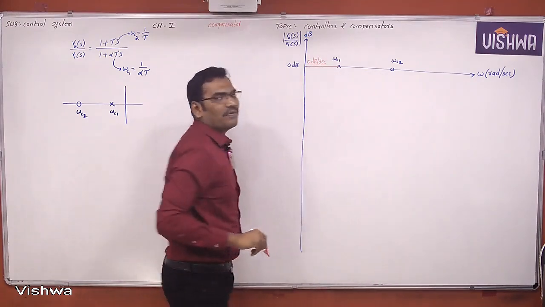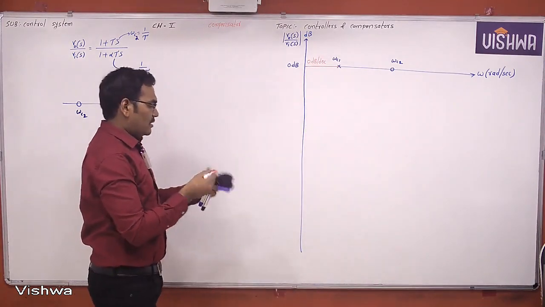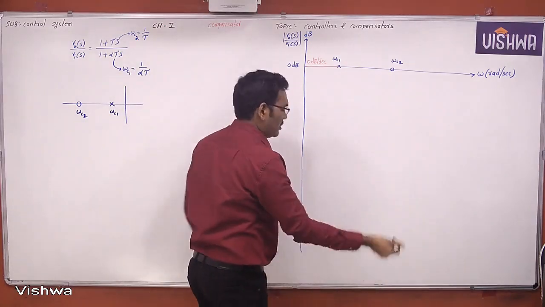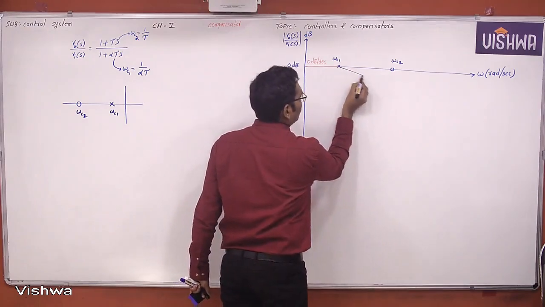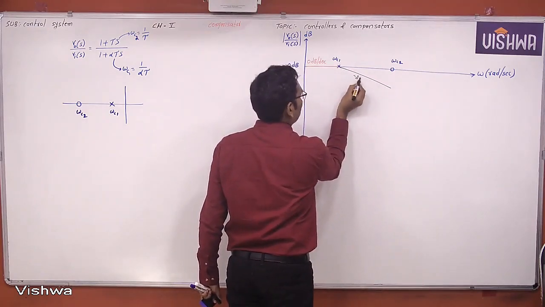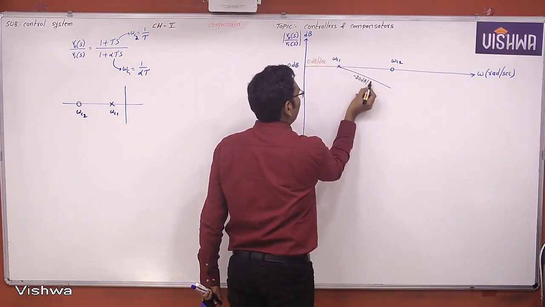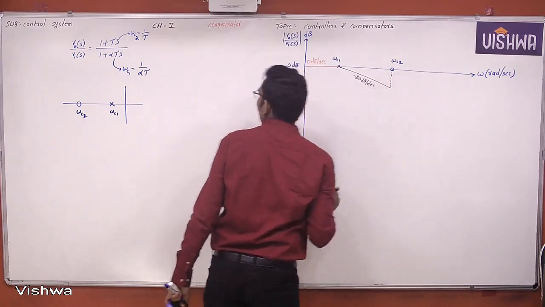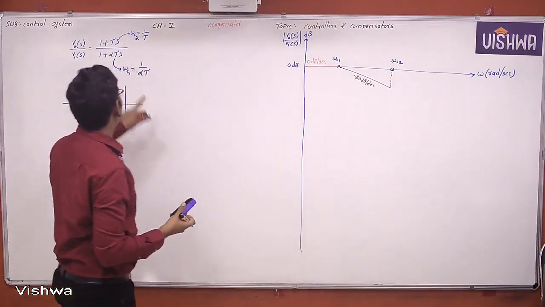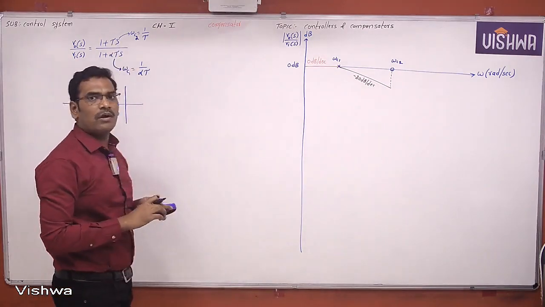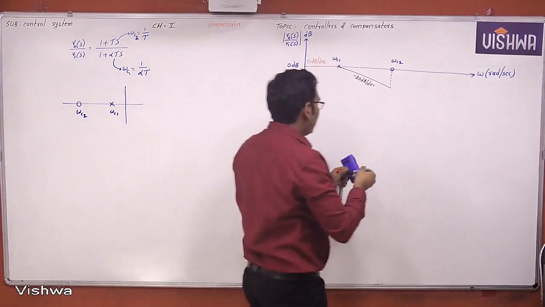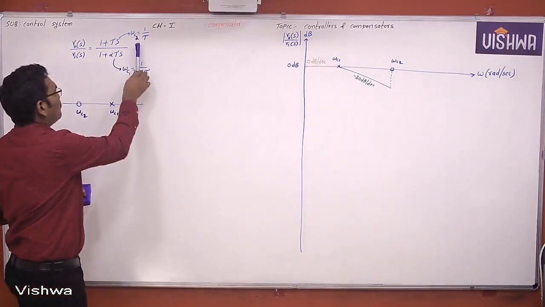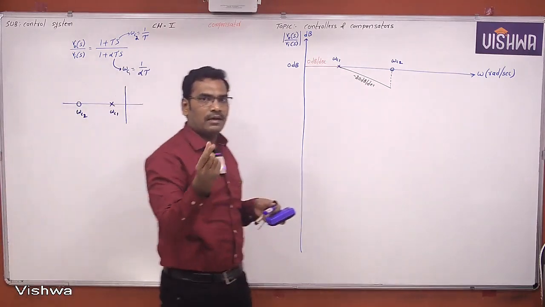Now this is up to the first corner frequency. The first corner frequency is one finite pole, and one finite pole produces a slope of minus 20 dB per decade. This continues up to the second corner frequency. Omega C2 belongs to one finite zero, and one finite zero produces a slope of plus 20.